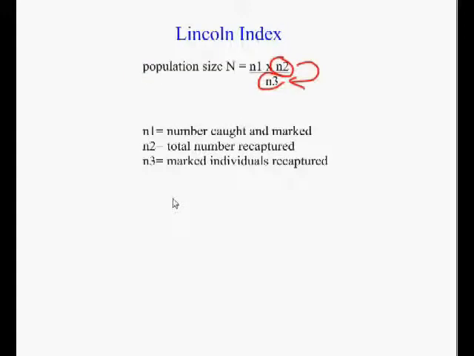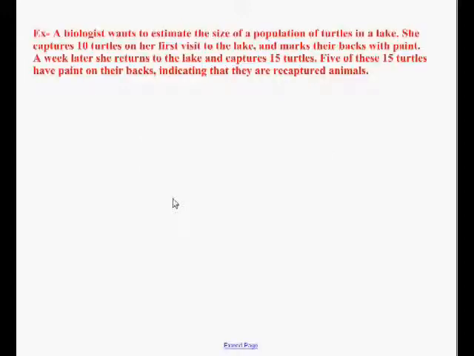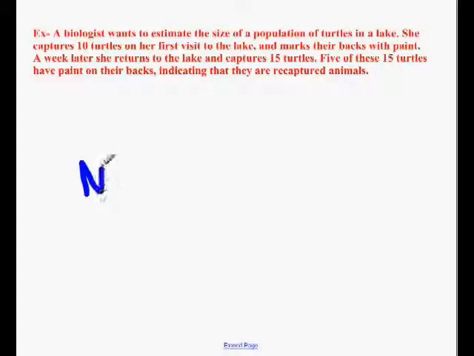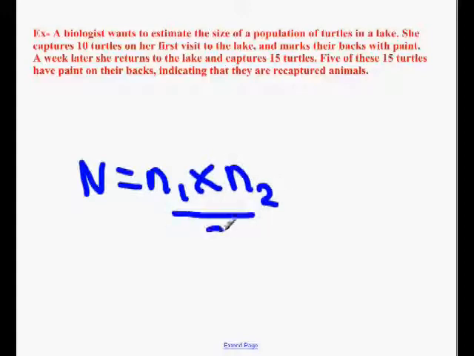Let's look at that equation one more time. N1 times N2 divided by N3. So the size of a population equals N1 times N2 divided by N3. And what are those numbers?